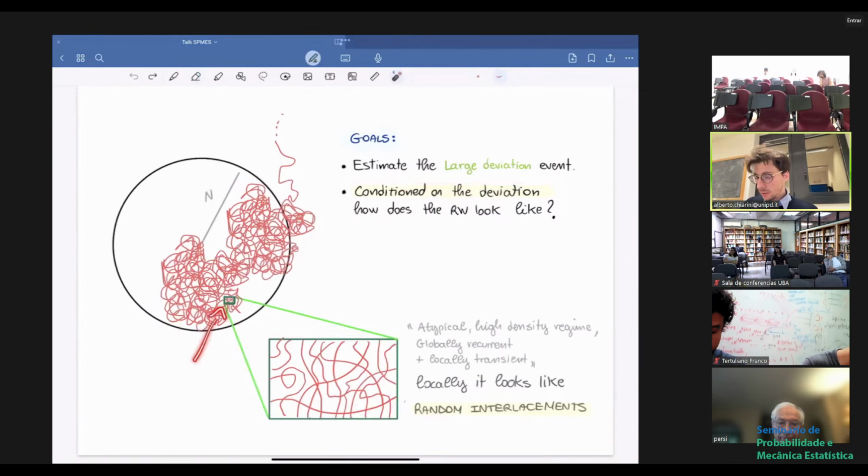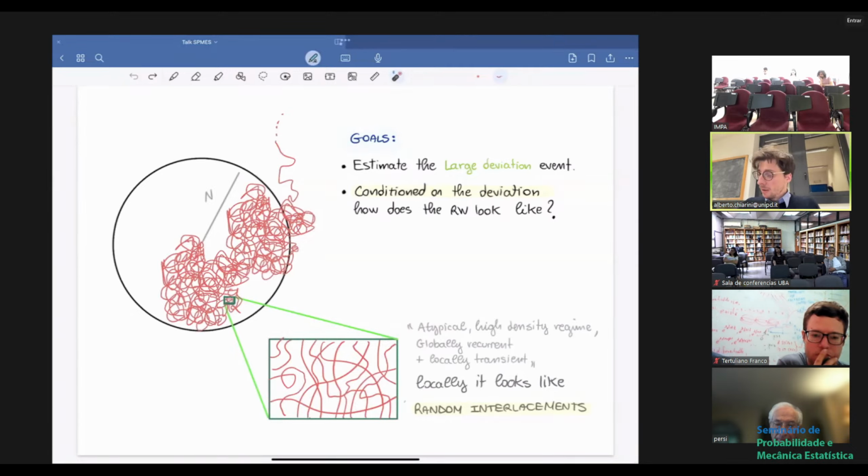Well, if you want to reach such a situation and we zoom in, what we will see for the random walk conditioned on covering a positive fraction of this body is some atypical high density regimes, and the random walk will look globally recurrent inside these mesoscopic boxes, but locally transient, because the geometry of the lattice is still the geometry of Z^d, d greater or equal than 3, but the random walk needs to come back many times in order to fill this set up.